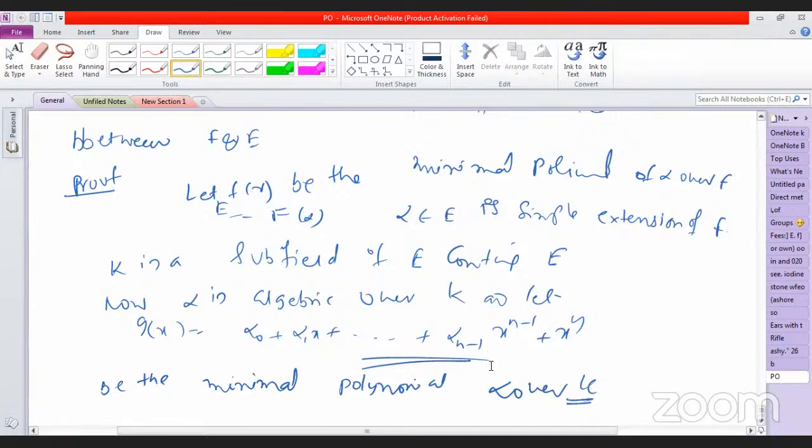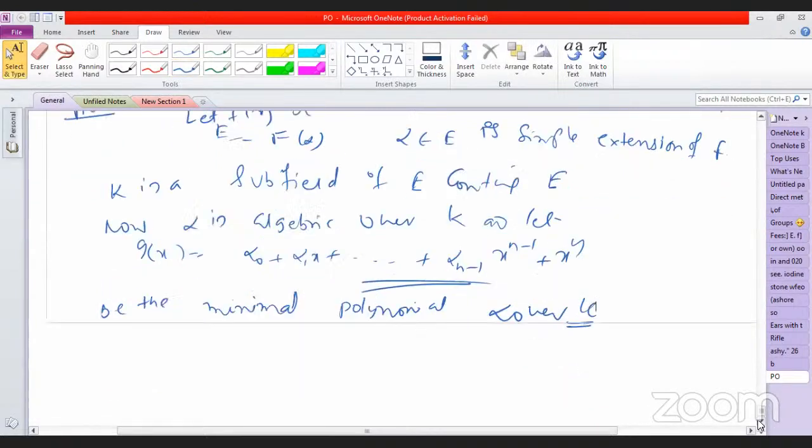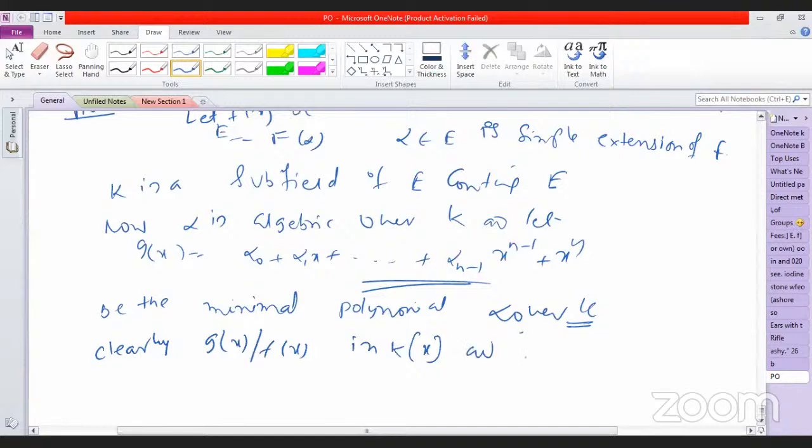But clearly we know that g of x divides f of x in K of x, and K of alpha we are taking here. This is of degree n. Why? Because we write a K dash here: F of alpha 0, alpha 1, and so on, alpha n minus 1 we can write here. So therefore, with these conditions, g of x belongs to K dash.